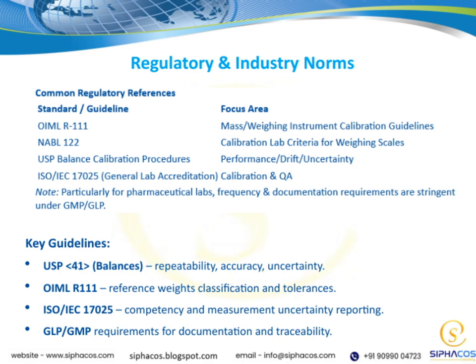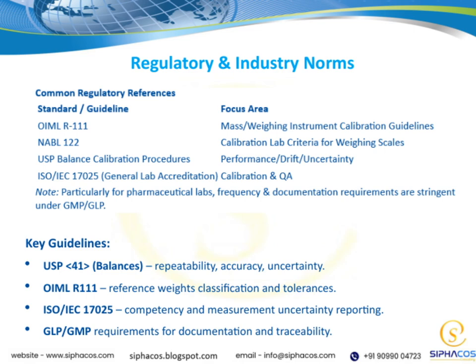17025. This standard is all about competency, making sure our personnel are properly trained, and it also covers how we report measurement uncertainty. Accurate reporting builds trust and ensures our measurements are valid. Finally, we must adhere to GLP and GMP requirements. These guidelines govern good laboratory and manufacturing practices, especially regarding documentation and traceability.